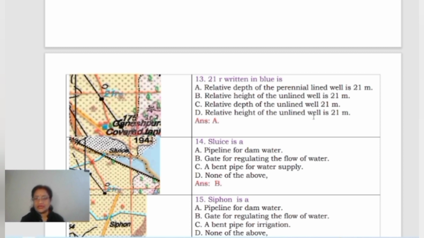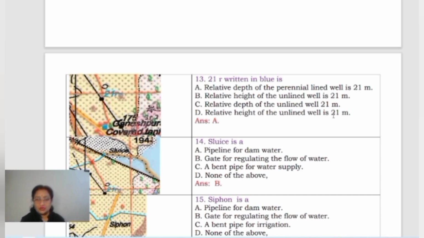But the other two options, B and D, show the relative height of the unlined well is 21 meters. Now these two are totally wrong. A well cannot have a height. Now what are we left with? We are left with the options A and C.